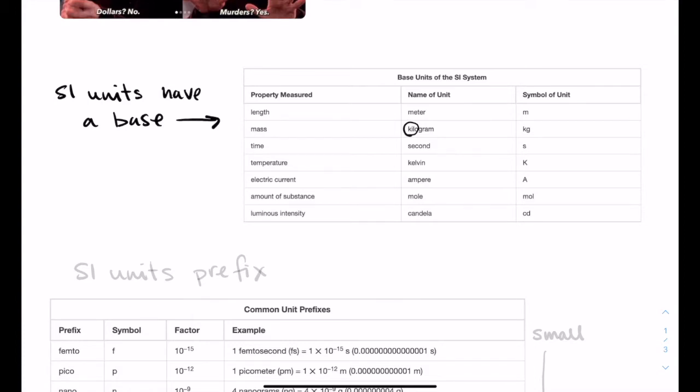It just so happens that we use a kilogram rather than a gram as the base in the SI system because a gram is really, really small. If you think about the size and weight of an M&M, a piece of candy, that is usually our mental reference for what a gram would look and feel like.